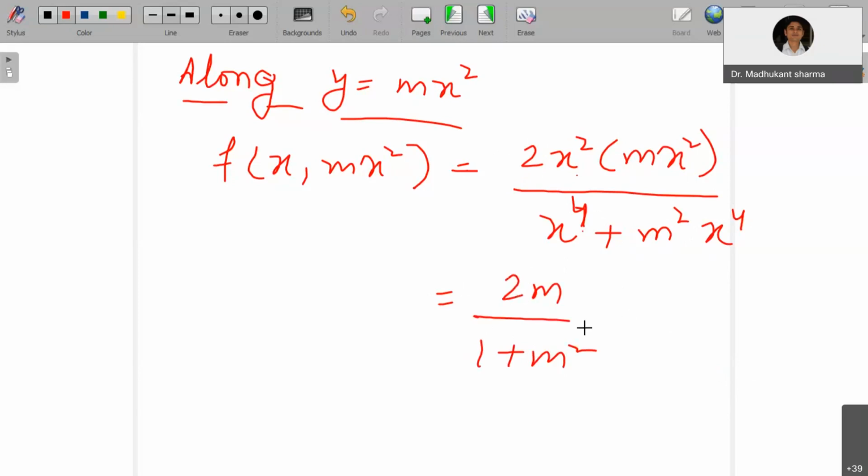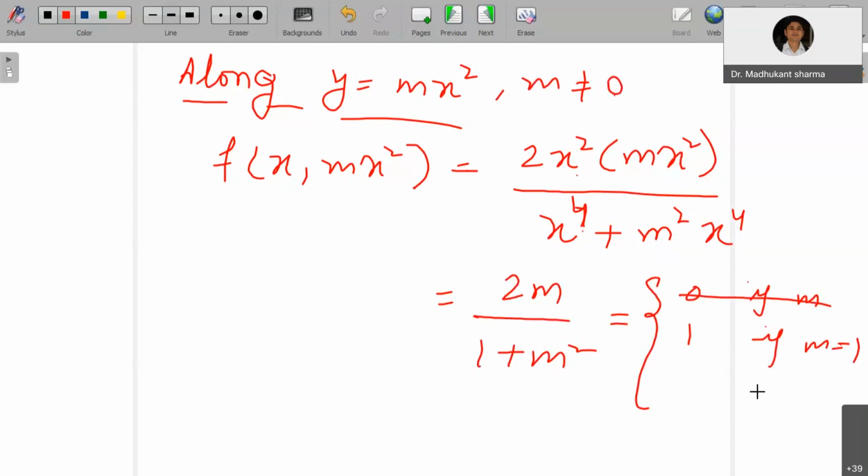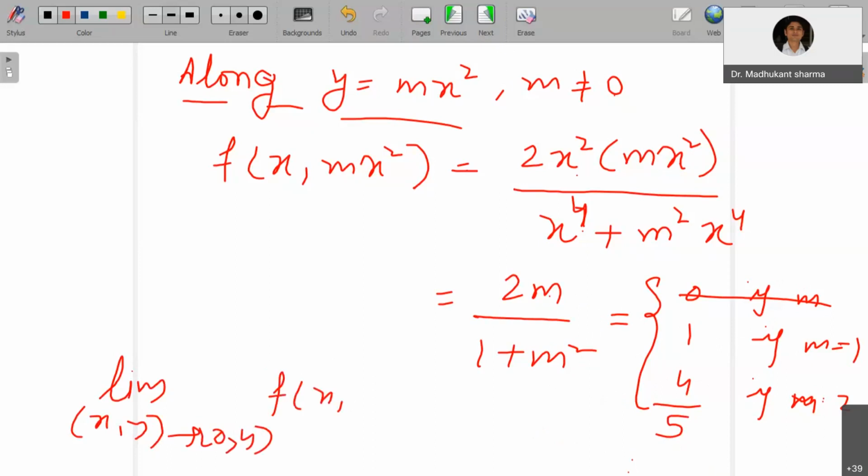For different m you have different values. If m equals 0 it is 0, but we are taking non-zero m, so no matter. If m equals 1, this is 1. If m equals 2, then you have 4 divided by 5, and so on, different values. So this says that the limit as (x, y) tends to (0, 0) of f of (x, y) does not exist.